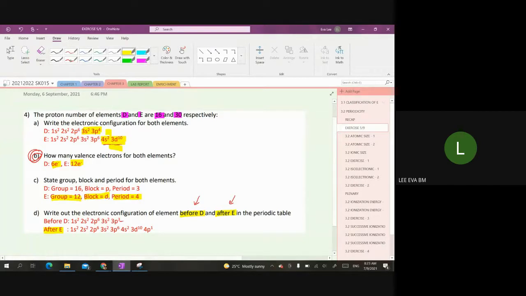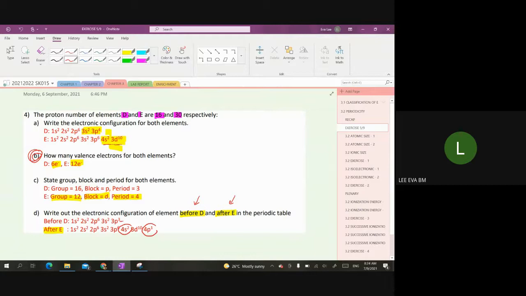Once it has entered 4p, the last electron is inside the p subshell. That means this element is in the p block. For the p block, you have to look at the valence electrons including 4s2 and 4p1, because p block starts from group 13. That means you should have 3 valence electrons.